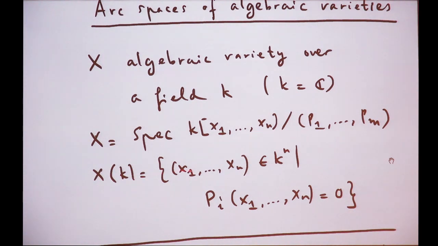For example, the K-points of X are the set of solutions (x1, ..., xn) in K^n, so that when you apply those polynomials to the point, you get 0. And the ring of functions on X is polynomials, where two polynomials are the same if they differ by a linear combination of those polynomials.